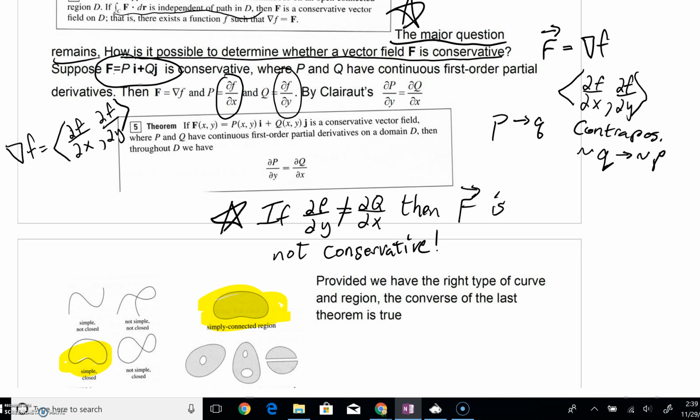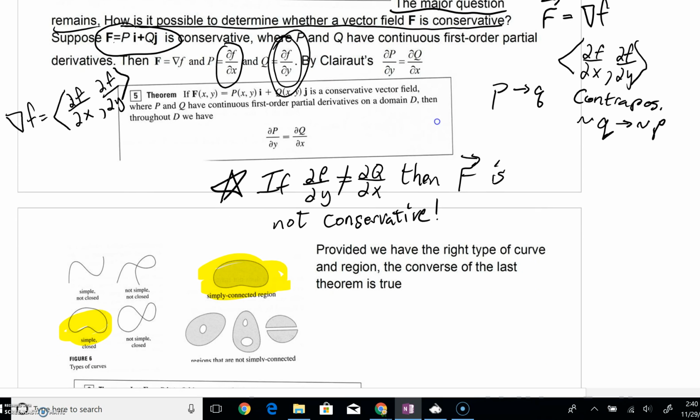Going back a couple of chapters, we had Clairaut's theorem, which said that if you take a second derivative but switch the variable, taking P with respect to y (first we took the derivative with respect to x, now with respect to y), and do the same thing with Q, originally the derivative of f with respect to y but now a second derivative with respect to x, those two second derivatives would have to be equal.